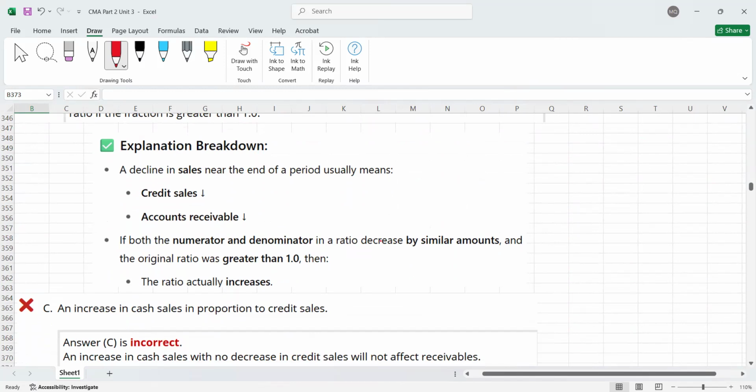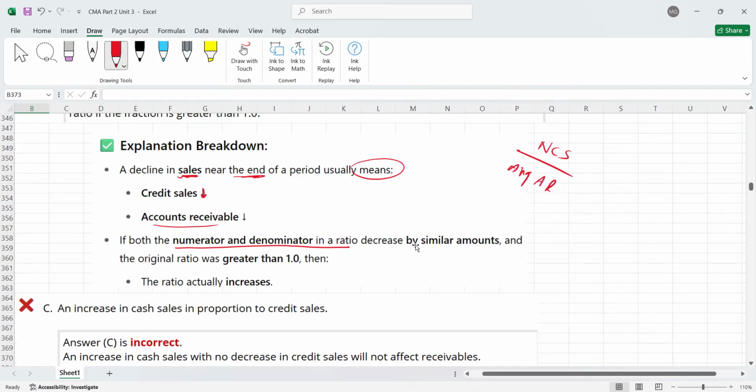Generally, when there is a decline in sales near the end of the period, it means your credit sale is decreasing and your account receivable is also decreasing. Definitely, due to credit sales, your receivables are rising. If credit sale has decreased, account receivable will also decrease. In the turnover ratio, the formula is net credit sales divided by average account receivables.